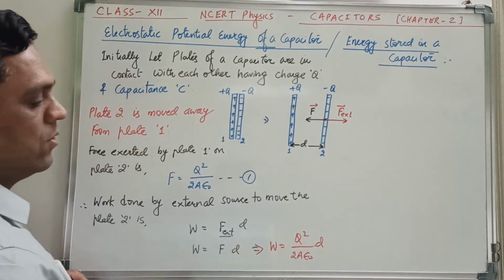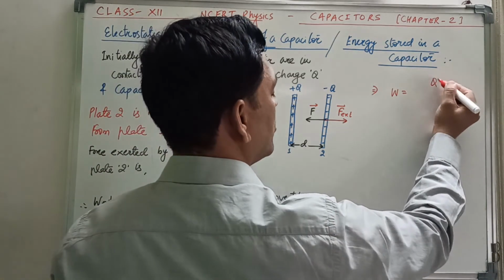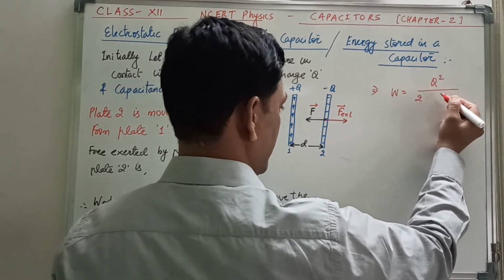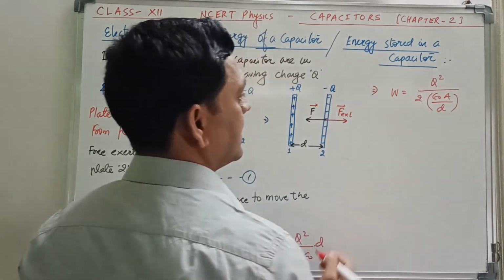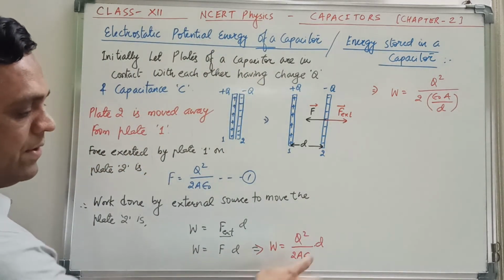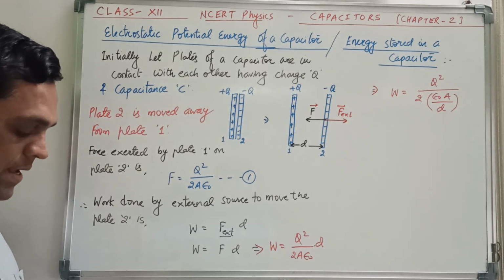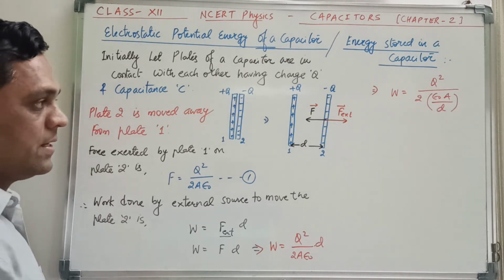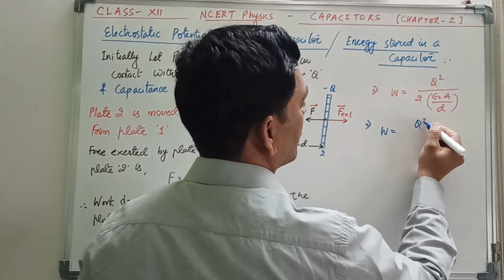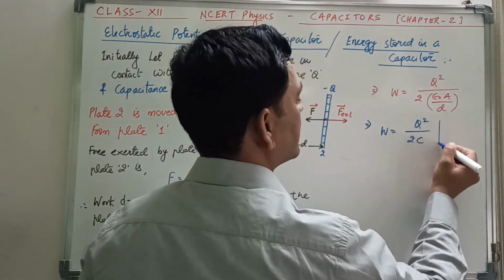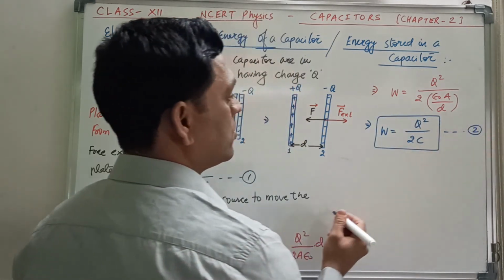Which implies this may be written as Q square upon 2 epsilon 0 A upon d, isn't it? I have adjusted here only, and epsilon 0 A upon d is called capacitance of the parallel plate capacitor, so I can replace this by C. So this becomes W is equal to Q square upon 2C. This becomes the work done. Let me call this as equation number 2.